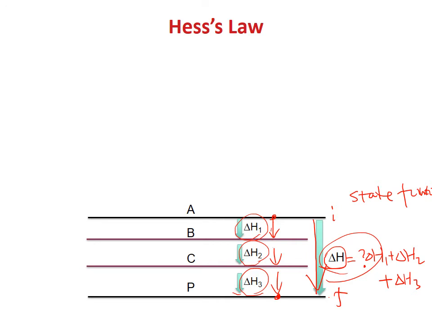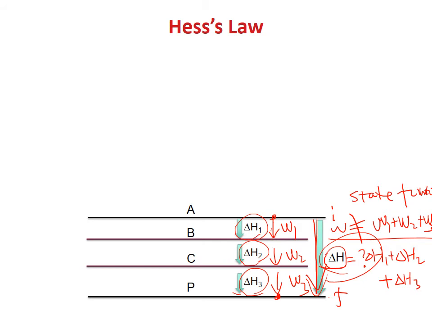If we want to calculate the work, then the work for the first path should not equal W1 plus W2 plus W3, because work is not a state function. It depends on the path. If you choose a different path, then they have different work. But enthalpy is a state function, so you can calculate enthalpy based on only the initial and final state.